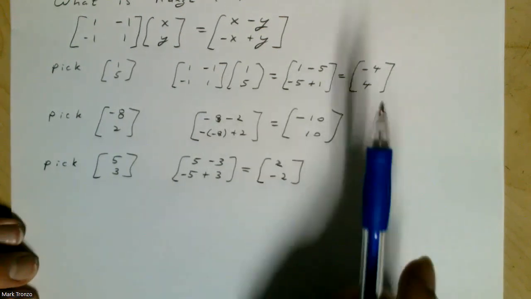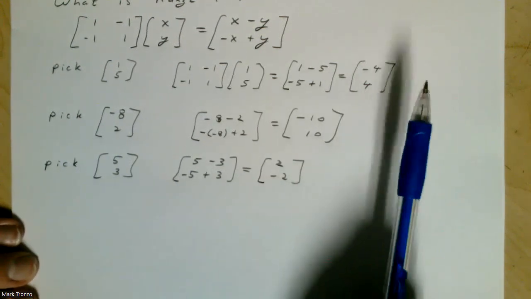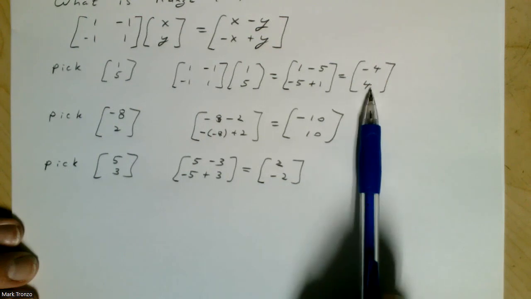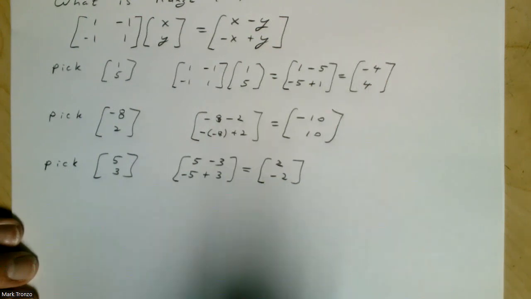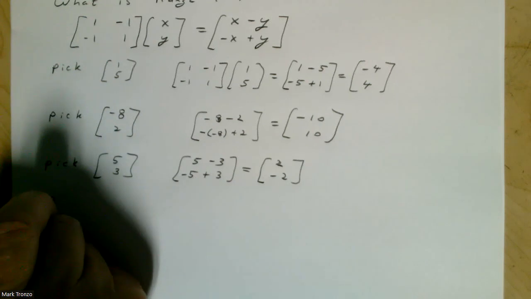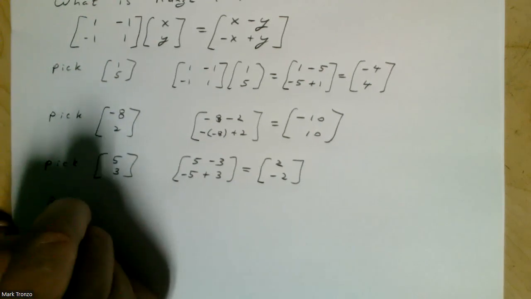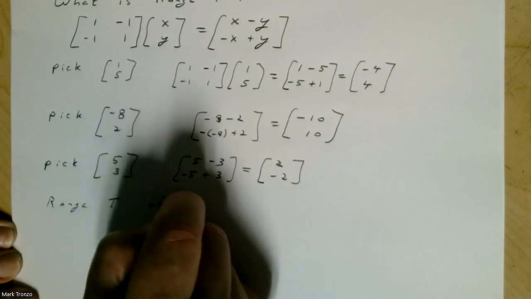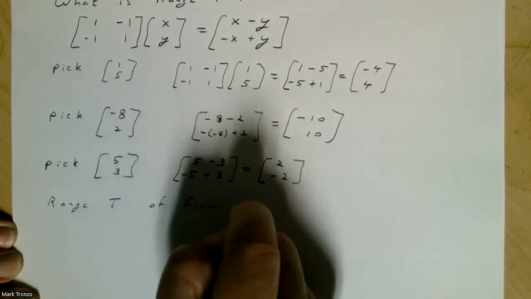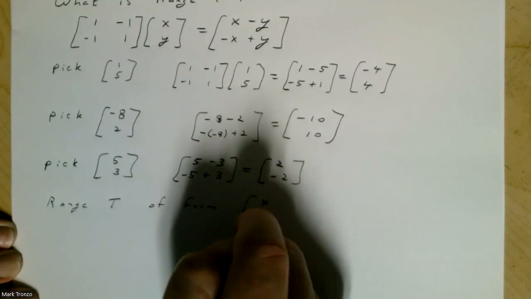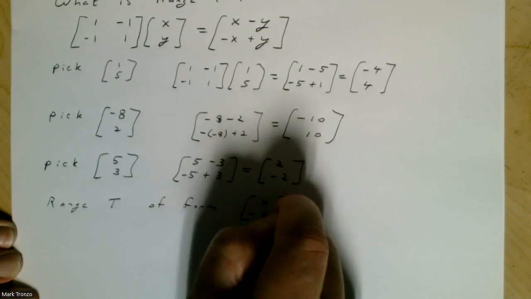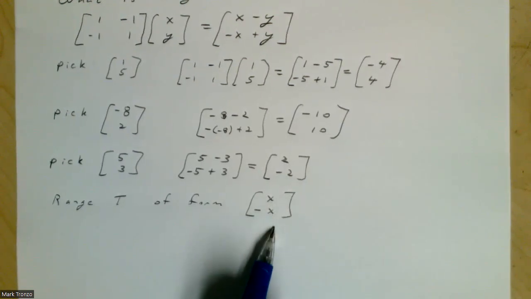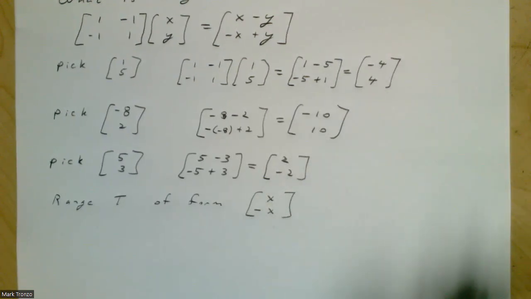The range is always going to be, whatever the x value is, the y value is going to be just the opposite. So the range of T is of the form x, minus x. Or you could call it minus x, x. You get the same thing.